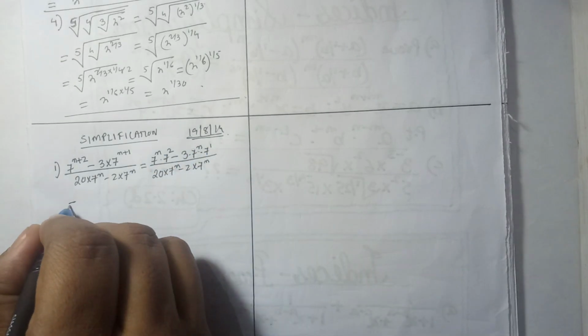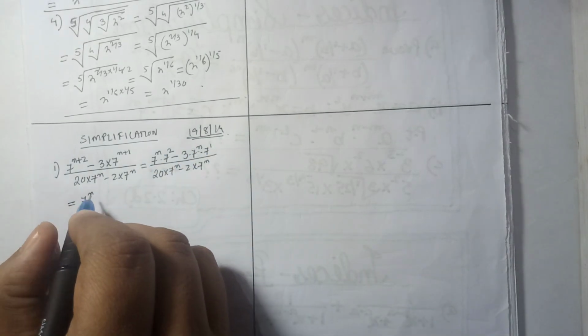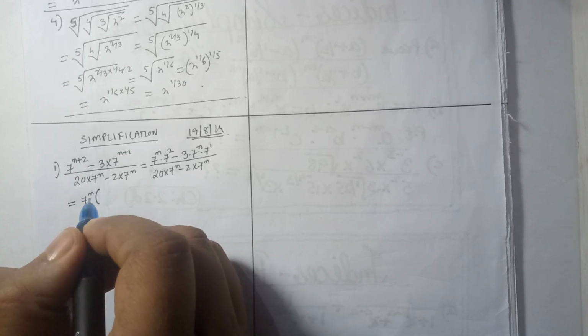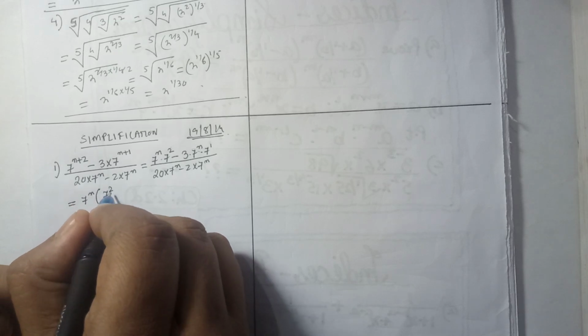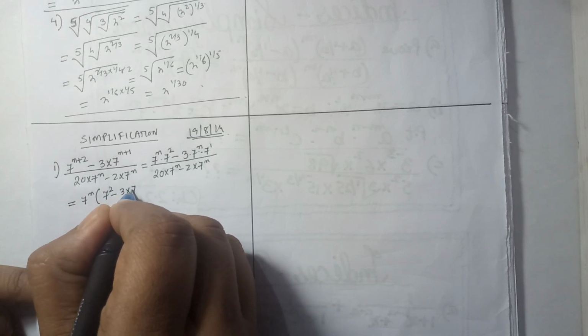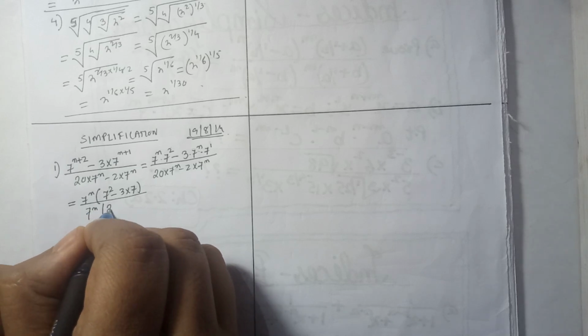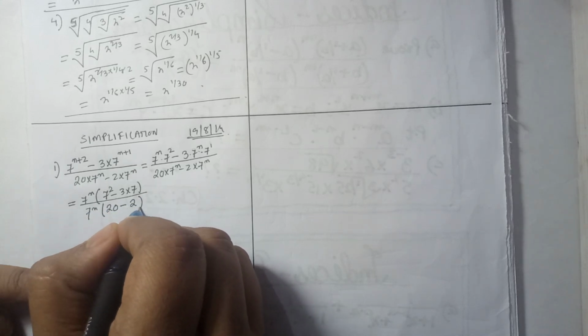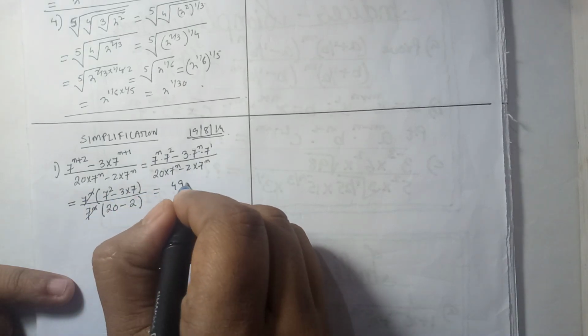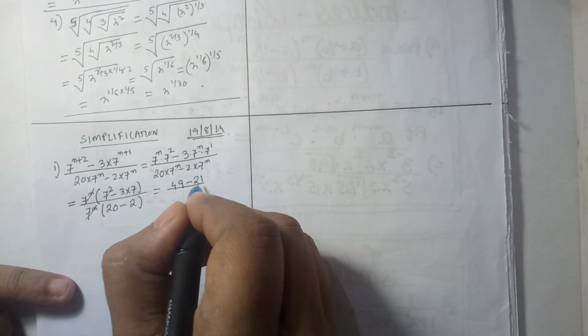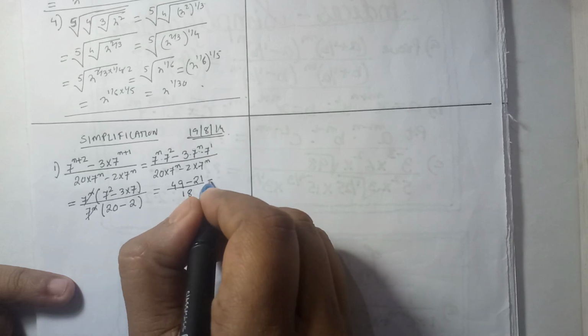I can take 7 to the power of n common, then bracket open. Here it is 7 square minus 3 into 7 to the power of 1, which is 7, divided by 7 to the power of n common, 20 minus 2. Cancel. 49 minus 21 by 18.